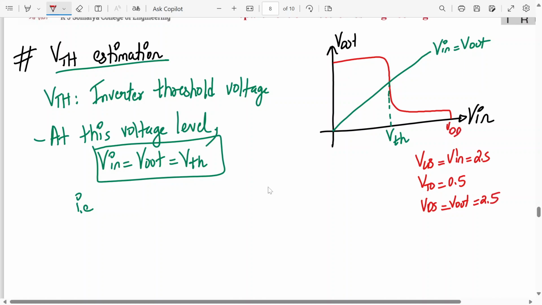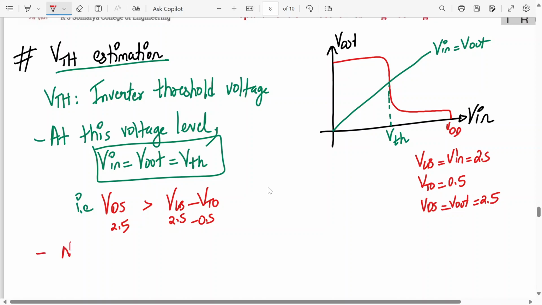Now what equation will suit? VDS should be greater than VGS minus VTO. Which condition is satisfied? VDS is 2.5, VGS minus VTO is 2.5 minus 0.5. So yes, here we can say my NMOS driver is in saturation, because it has to be greater.